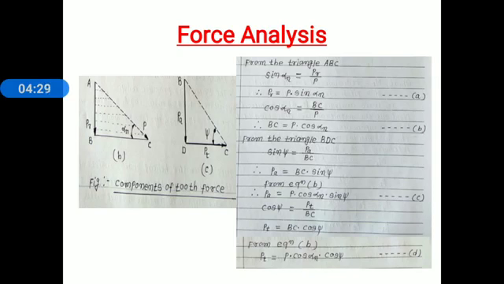After simplification, we get the tangential component PT is equal to BC into cos psi. Again, we substitute the value of BC from equation B and we get the tangential component PT is equal to P cos alpha suffix n into cos psi. Consider equation D. These four equations are very important.